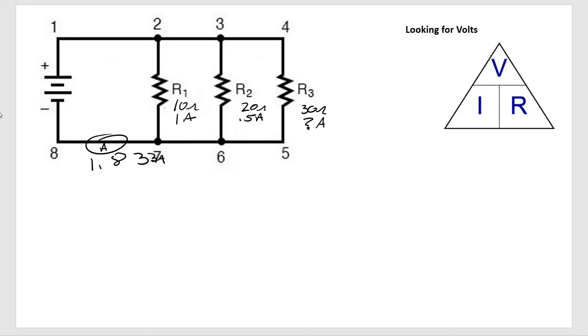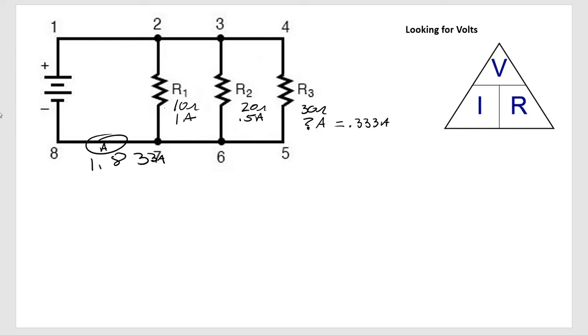I could figure out this missing one, which I don't really need to, but I could because I have these two, so I could add these together, and 1.833 minus 1.5 is going to equal 0.333 amps.